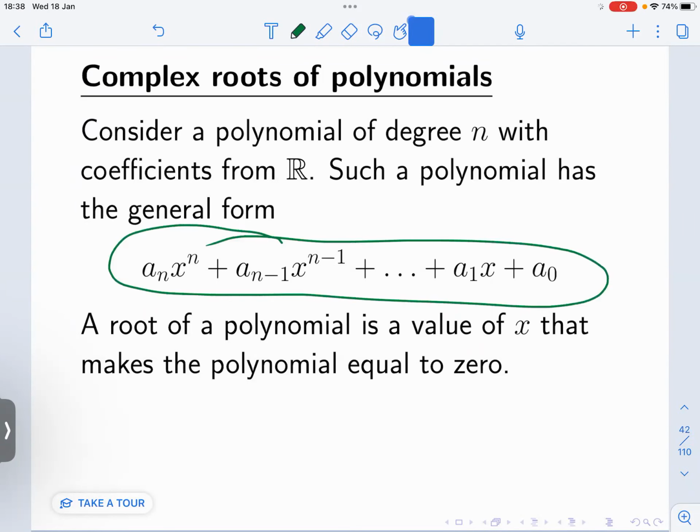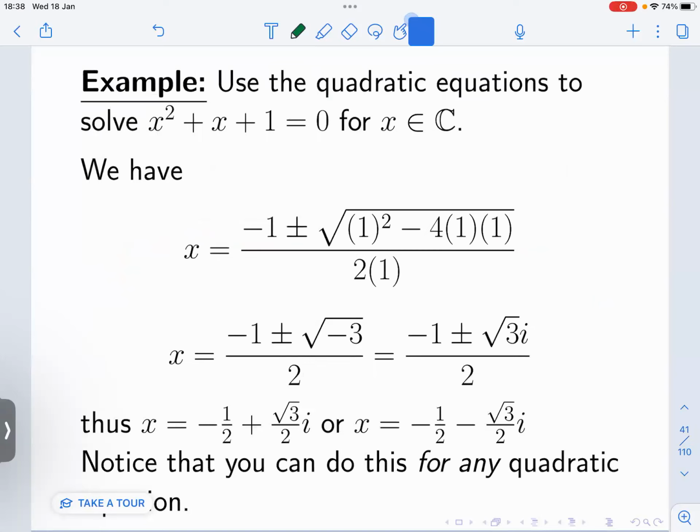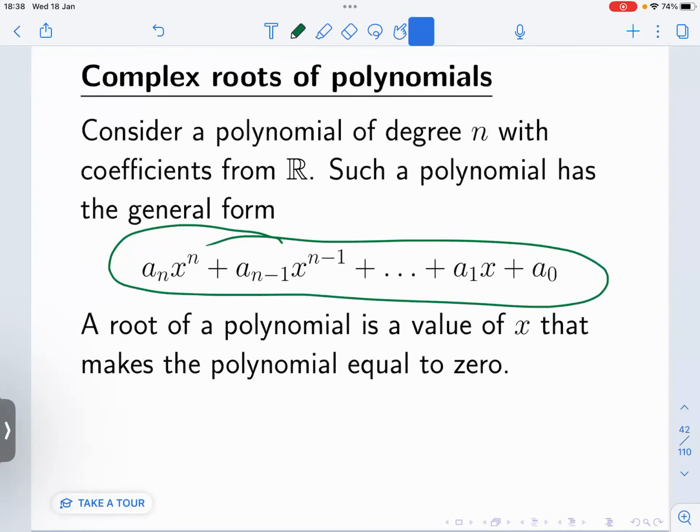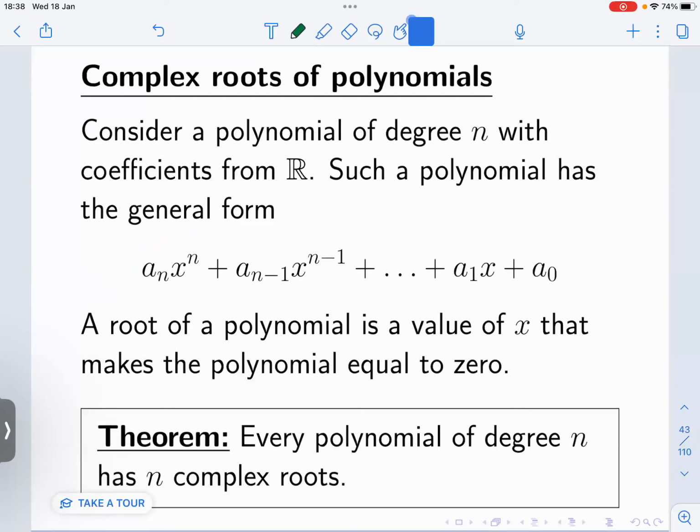For example, this question here is a quadratic equation, so it's a polynomial function of degree 2. Thus, the solution yields 2 complex roots. When you have a polynomial function of degree 3, you get 3 complex roots, etc. So basically, that's what the theorem is saying, that every polynomial function of degree n will have n complex roots as the solutions.